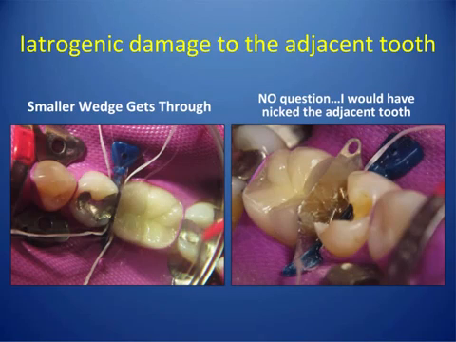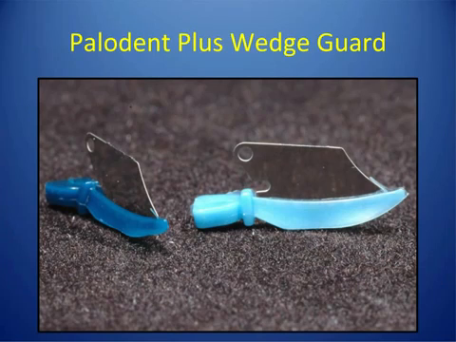Here's a good look at those Paladin Plus wedge guards. We'll talk a bit more about the wedges, but really an excellent design here, allowing the anatomy of the flexible wedge really to stabilize that wedge guard, and again, the positioning of that wedge guard against the adjacent interproximal surfaces to allow us to work not only with more confidence and speed, but obviously with a better predictive outcome for the patient, in that we have a very low probability of iatrogenic damage to the adjacent teeth.